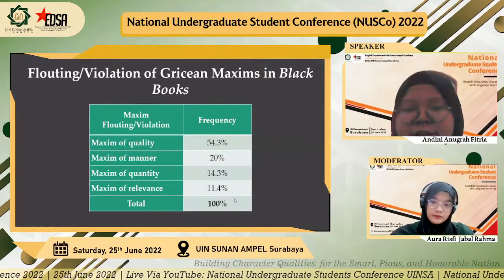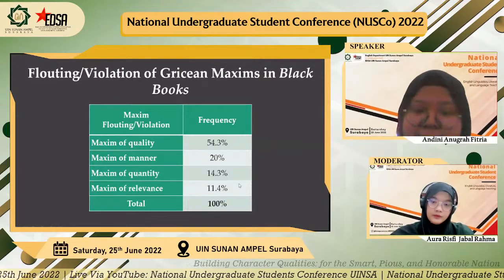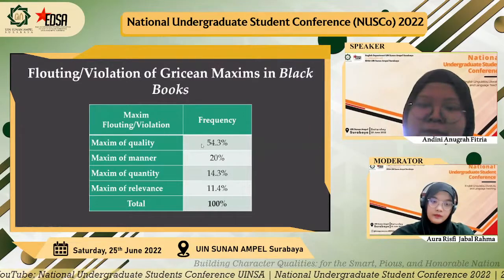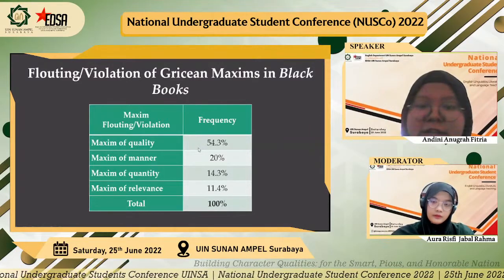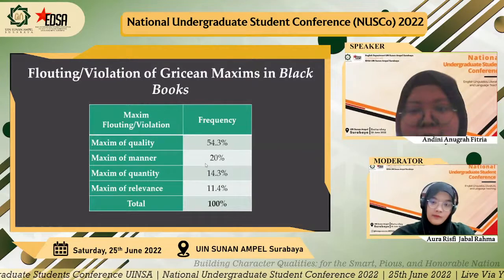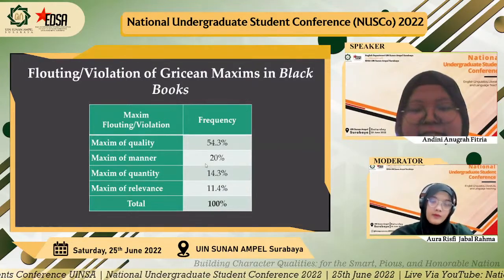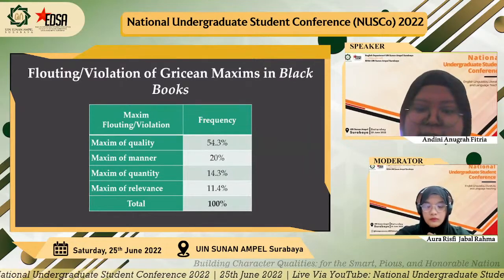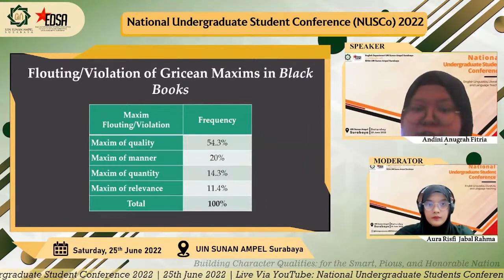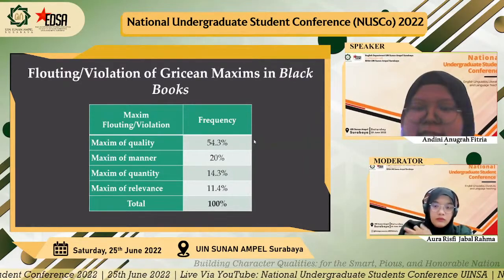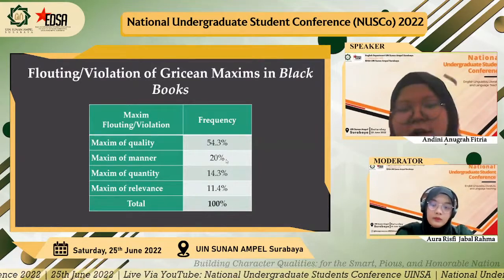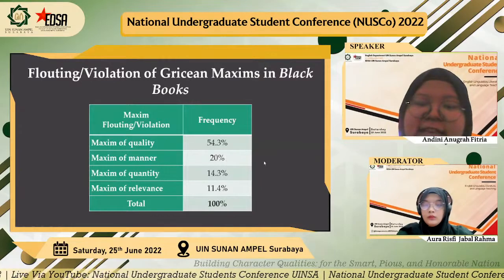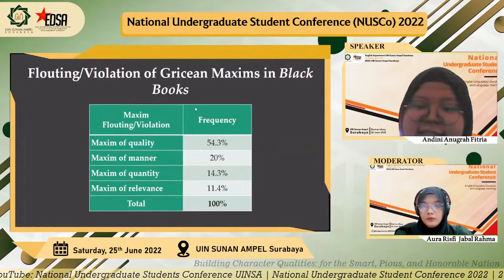This is different from the findings of a previous study conducted by Aristianti et al. in 2020, who reported that the maxim of quality is the least flouted or violated maxim among the 4 maxims in the Incredibles 2 movie. This difference occurs because of the different genres between the movie and the series analyzed in this study and the previous study.